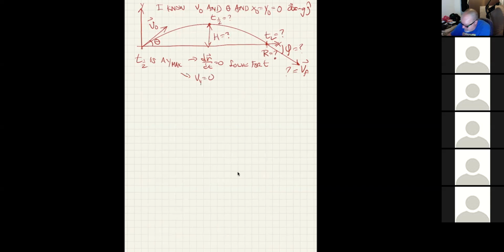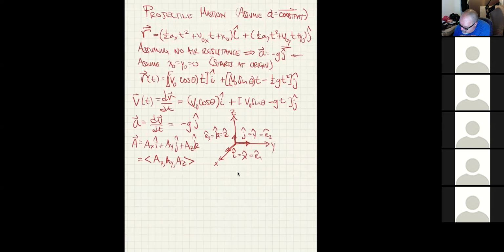Well, if I took the derivative of this thing right here and set it equal to 0, basically I'm taking the derivative of the y part, that'll give me that part, and I'm setting that equal to 0.